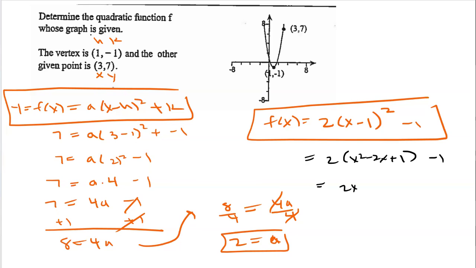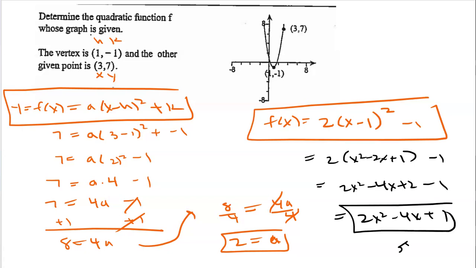Distribute that 2 gives us 2x squared minus 4x plus 2 minus 1. And then we'll have 2x squared minus 4x, plus 2 minus 1 is going to give us a plus 1. All right, and then there is our answer here. So again, this will be our standard form, and this will be our vertex form.